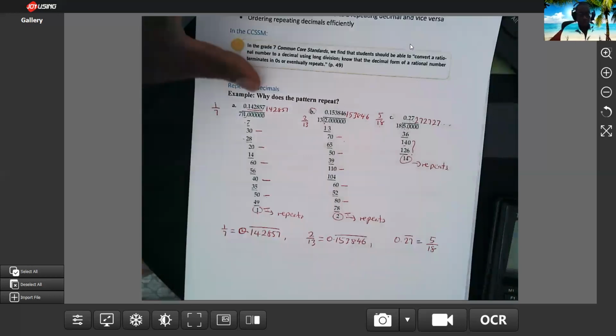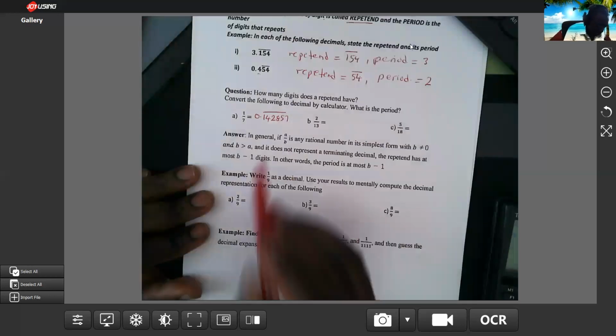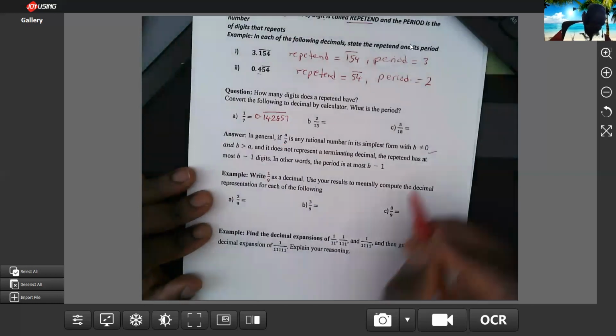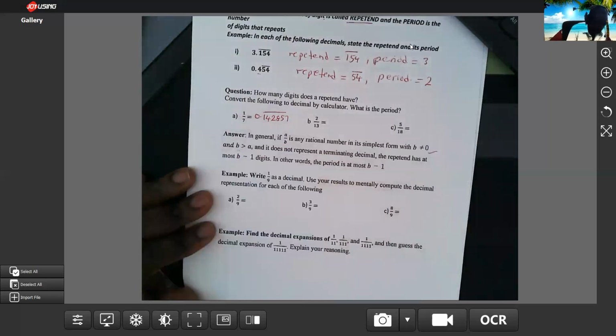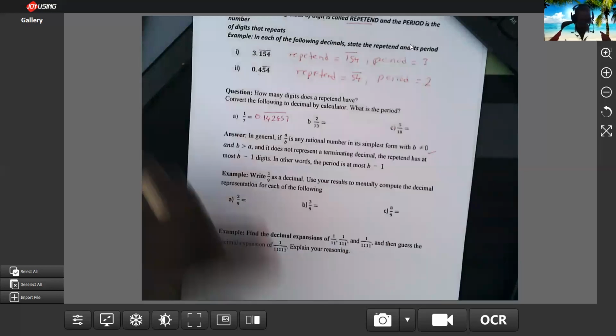All right, good. So in general, if I'm given any rational number a over b in its simplest form, where b is not equal to 0 and b is greater than a, just like 1/7, or the 2/13 that we did, let's write them here.